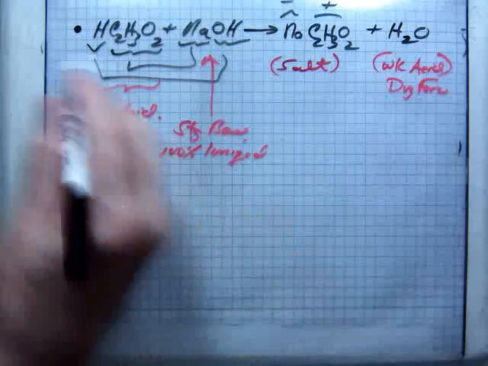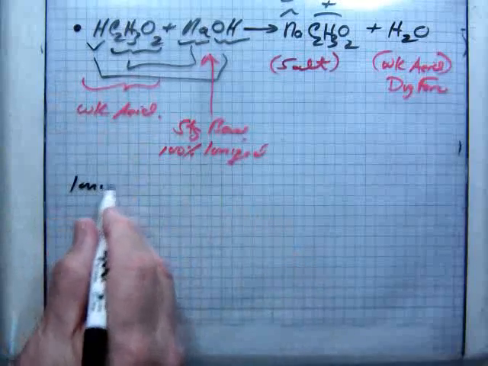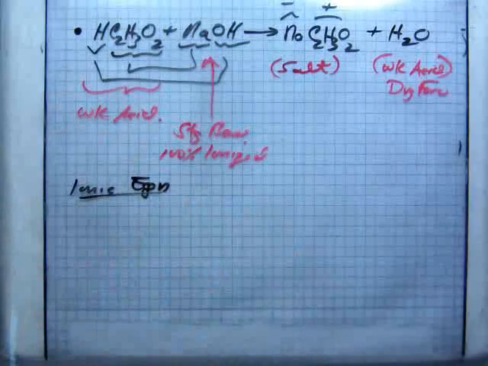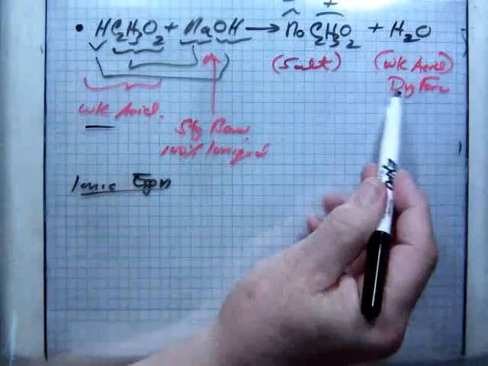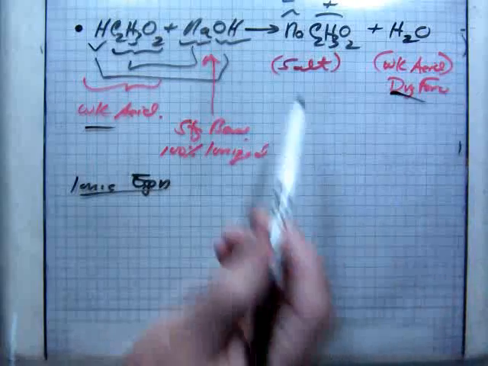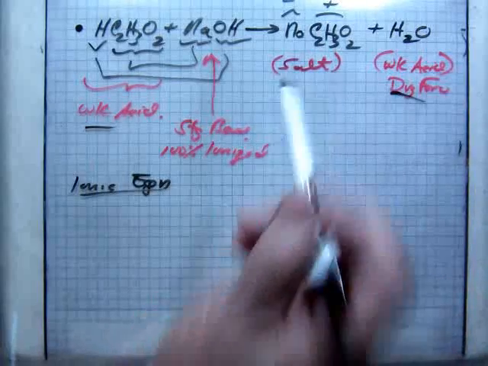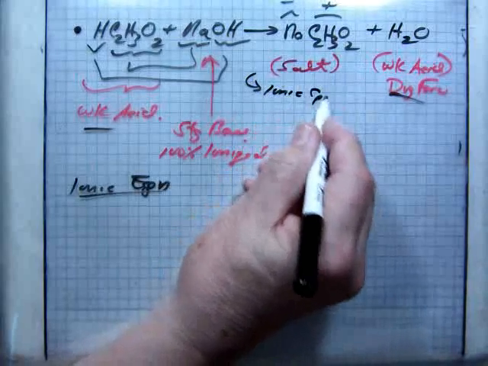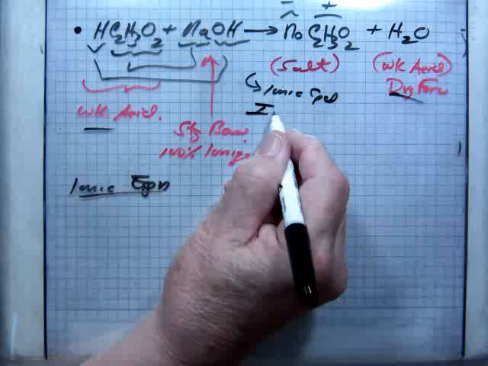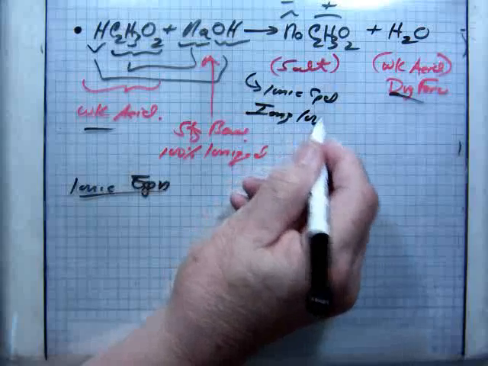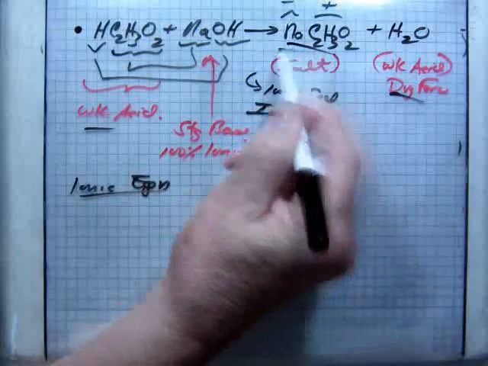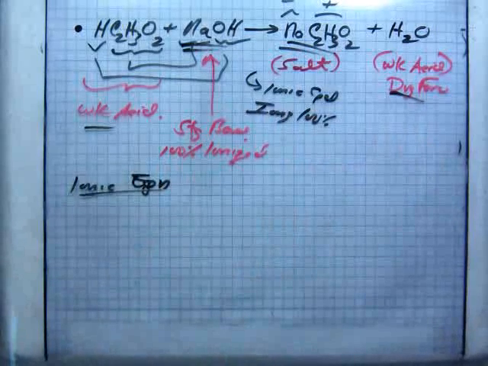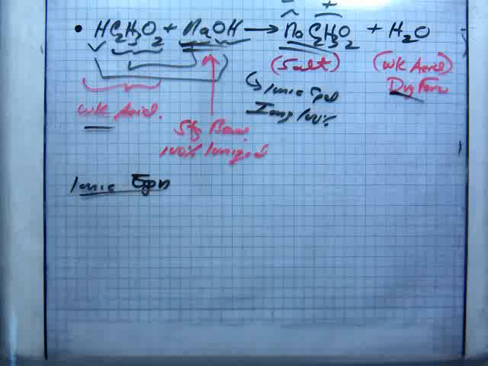So when you write the ionic equation, do not show the weak acids in ionic form, but all salts are ionic compounds and ionize 100%. So you show the salts ionized, and you show the strong electrolytes ionized.